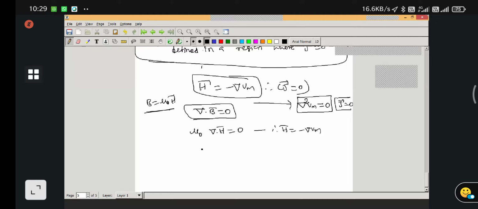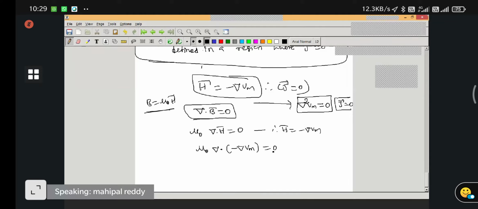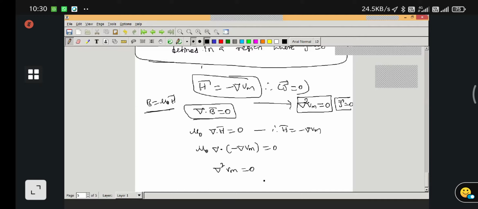Okay, we can substitute: del dot minus del Vm equal to 0. What is this? Del square Vm equal to 0.